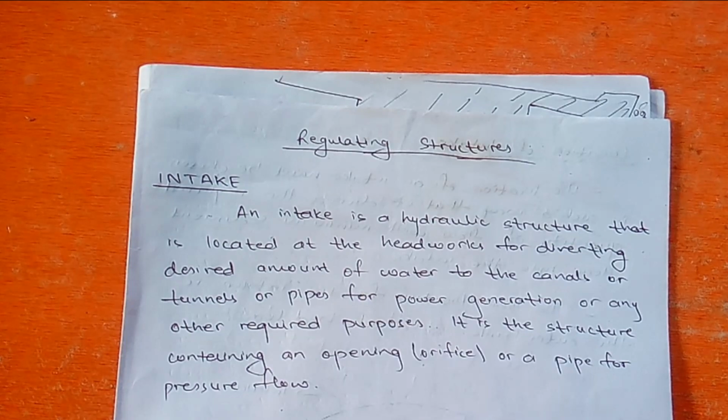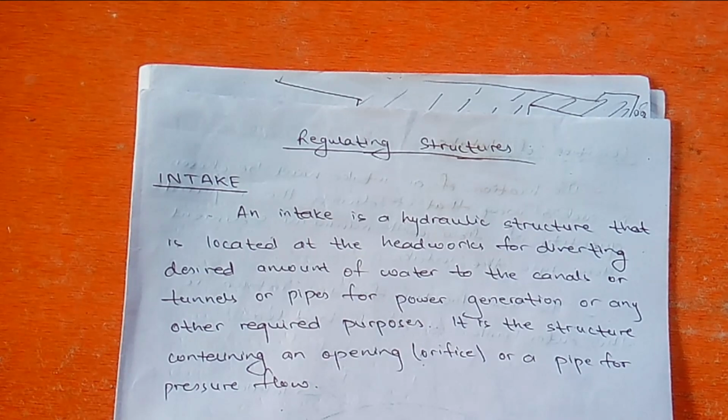Since we are dealing with hydropower engineering, we'll stick to the subject. So an intake has an opening or a pipe for pressure flow. So this is the definition of intake.